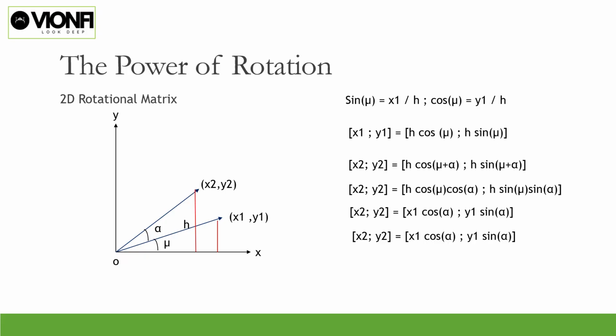So we end up getting cos alpha, minus sin alpha, sin alpha, cos alpha, multiplied by the vector of x1 and y1. So this is the rotation matrix which needs to be remembered for the further equations, further tutorials. This is the important thing that needs to be remembered.